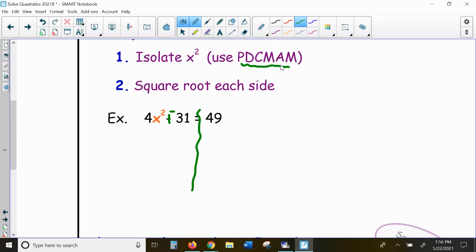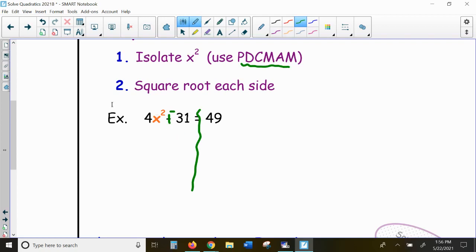So my second to the last step is to add or subtract the constant away from the variable. So if there's a plain number on this side, I need to get rid of it. So the plain number is not the 4, because that's a coefficient stuck on x squared. And the plain number is not the 49, because it's not on the same side as the x squared. So you don't have to move it. It is the negative 31.